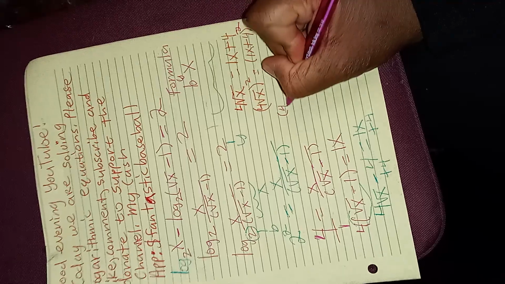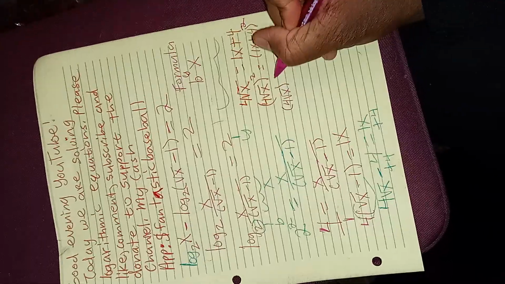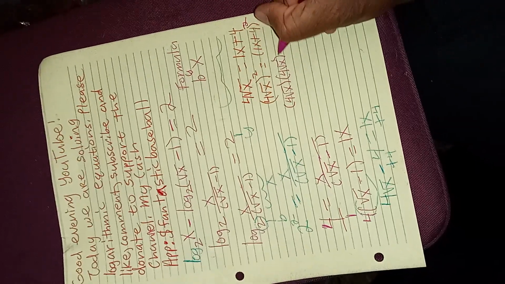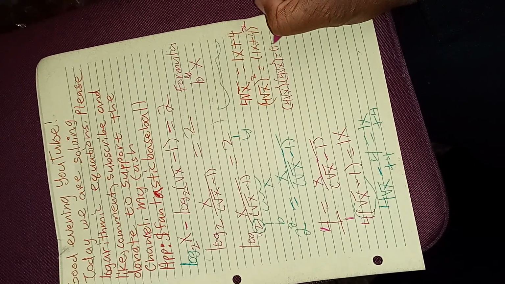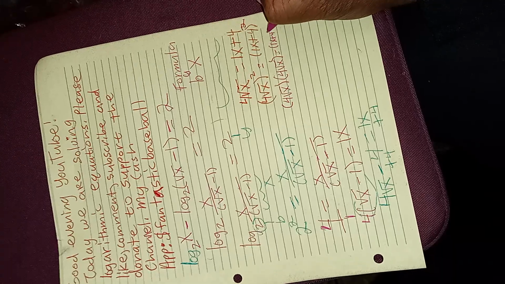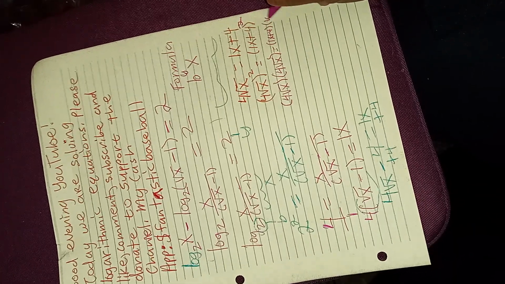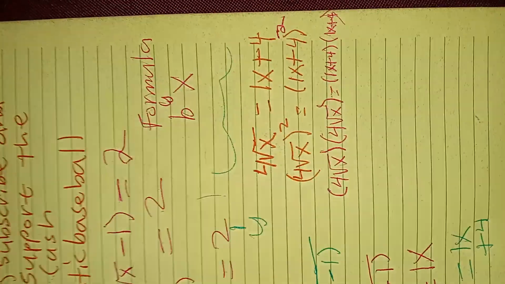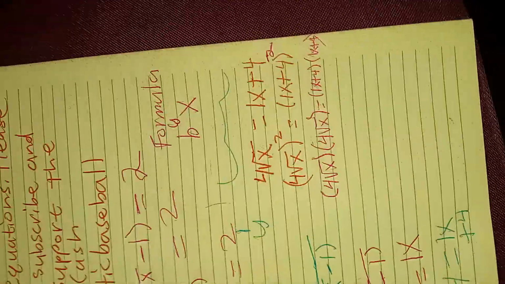So this will become 4 square root of x times 4 square root of x is equal to 1x plus 4 times 1x plus 4. Okay, let's have that marinate there. And we're going to write this again.